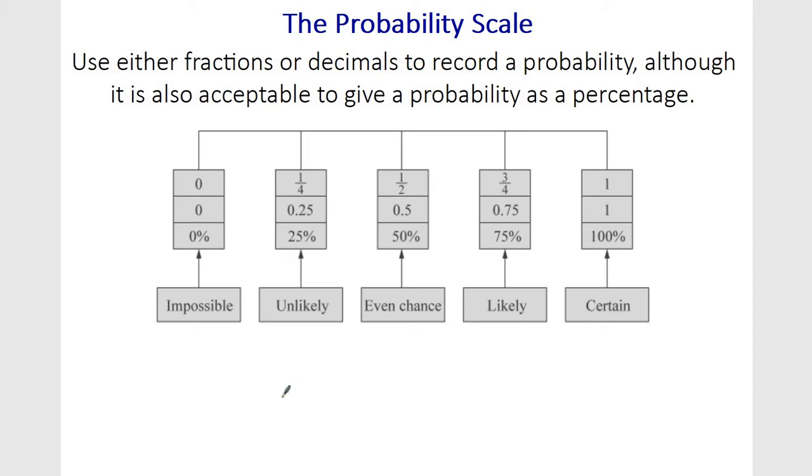Too many times I've seen people write 7% as 0.7. That is not the same thing. Make sure you're not mixing up your conversions. 7% is equal to 0.07.